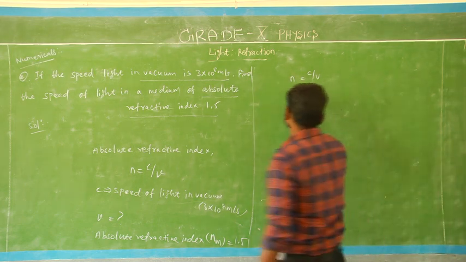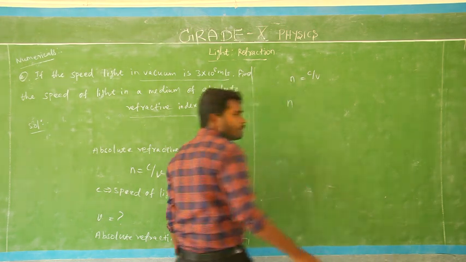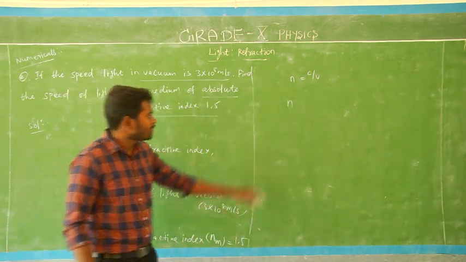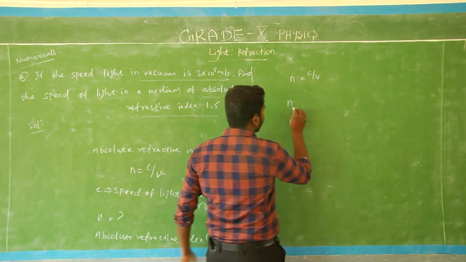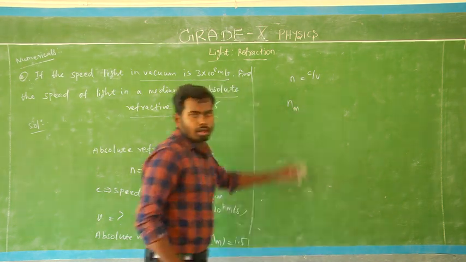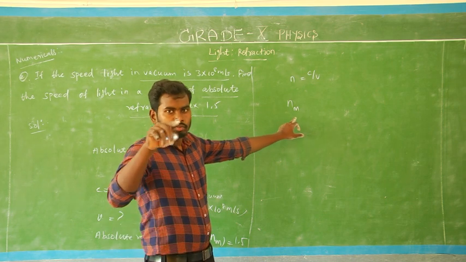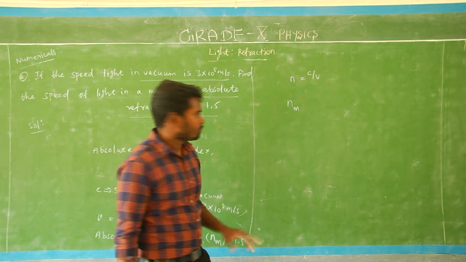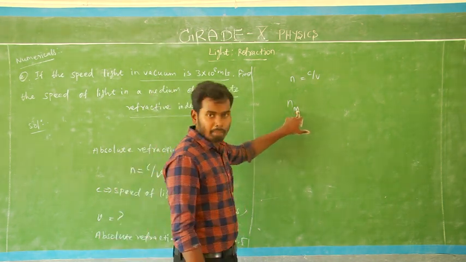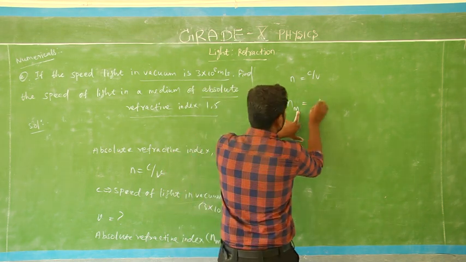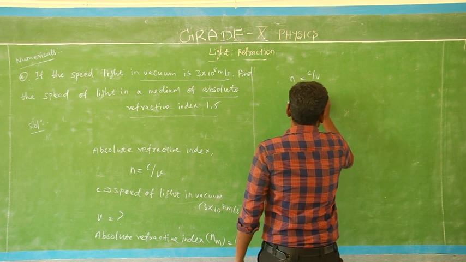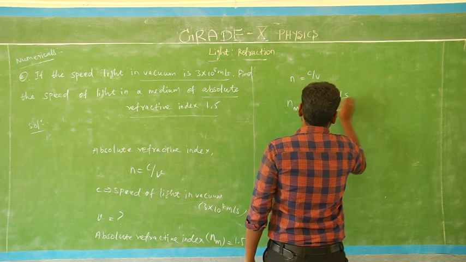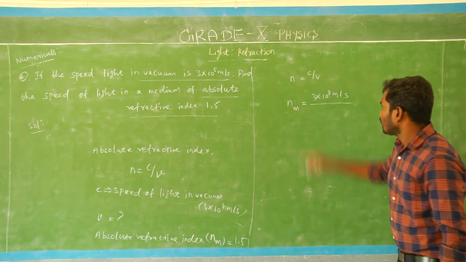Here, which medium bends the light? Any medium, whatever it is. That medium bends the light, denoted by the letter m. The absolute refractive index of that medium, n m, is equal to C, 3 into 10 to the power of 8 meter per second, divided by V. What is V here?